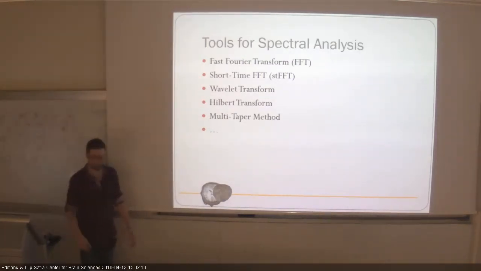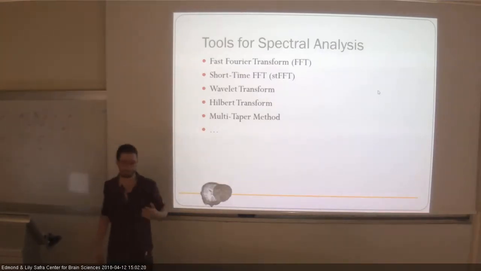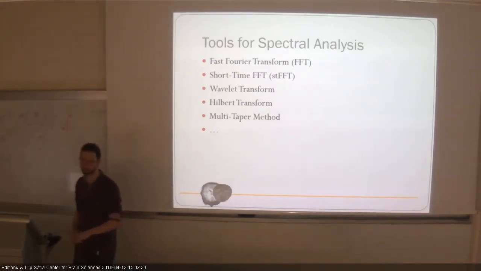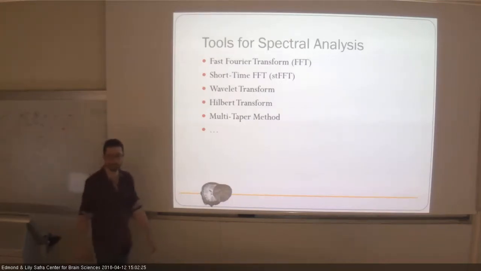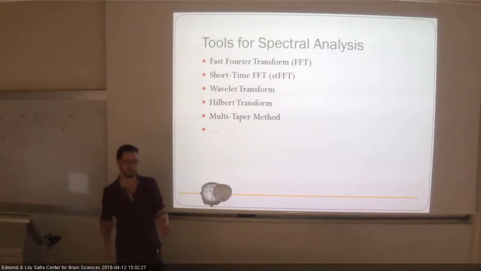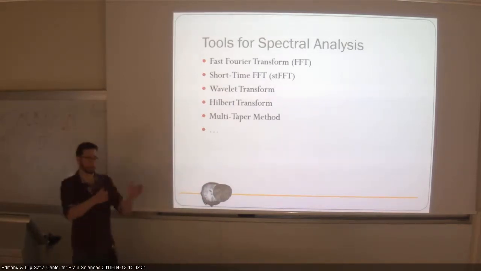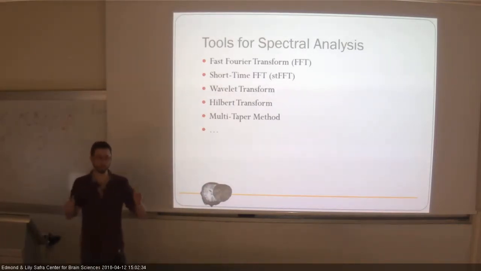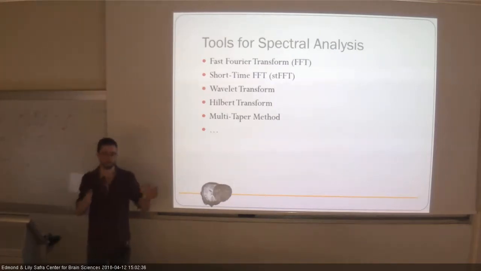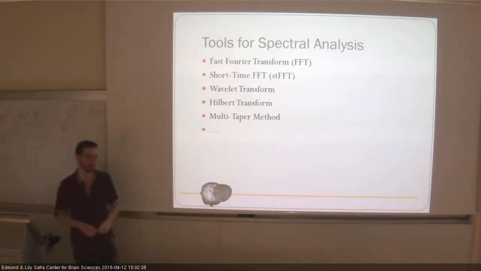So the first one, which is the easiest to understand, is called the short time Fourier transform, and basically all this means is that you take a short window, you do a Fourier transform, you get the spectrum, and then you look at another window, you do a Fourier transform, and just look at how it changes over time.